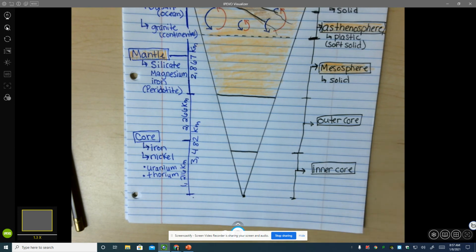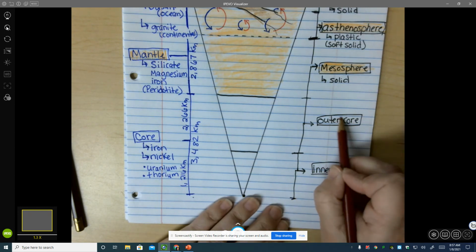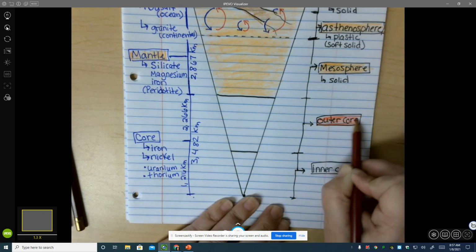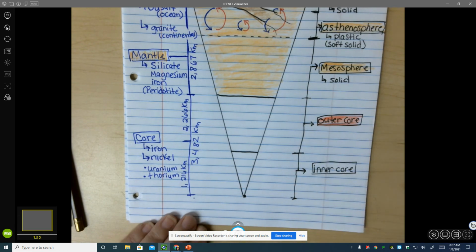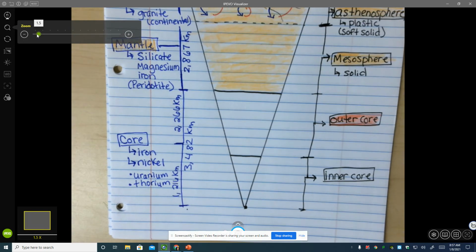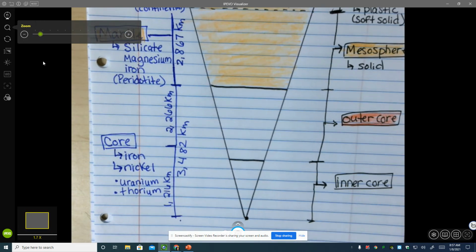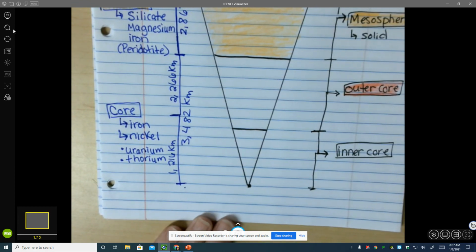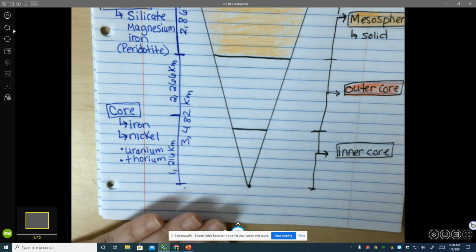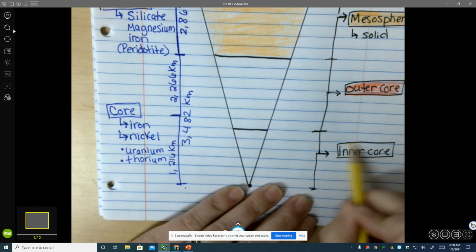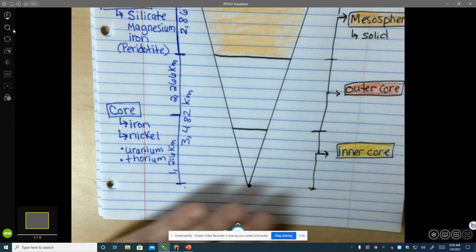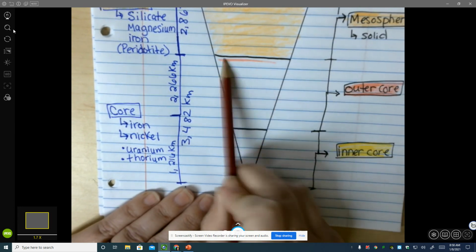So the outer core will be the color red. I'm going to go ahead and zoom in on just the core, so you can see a little bit better. Is that better? Okay, so my outer core is going to be red and my inner core is going to be yellow.